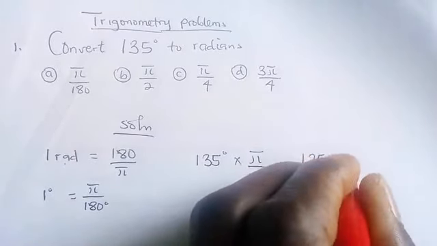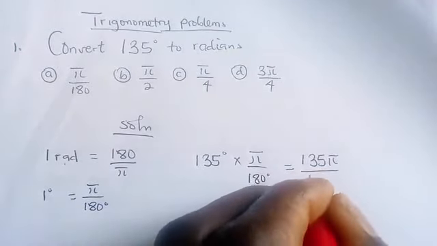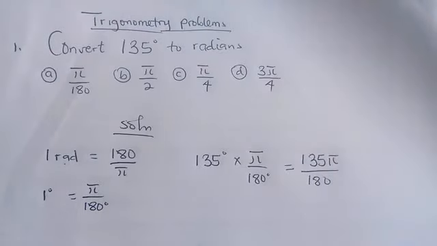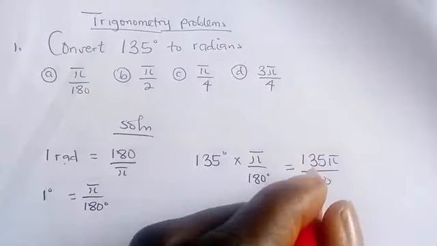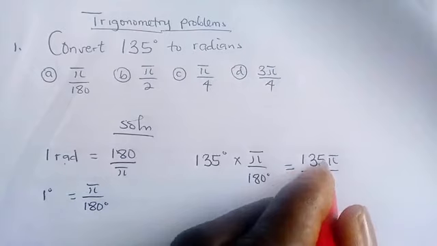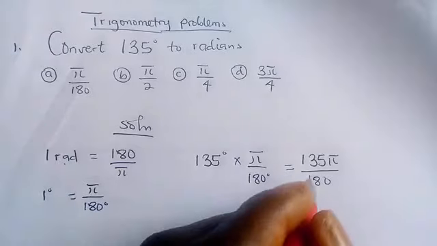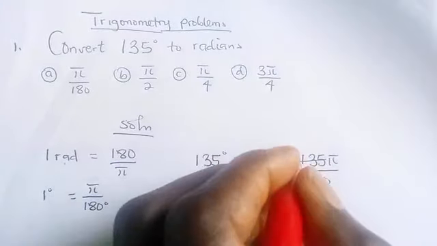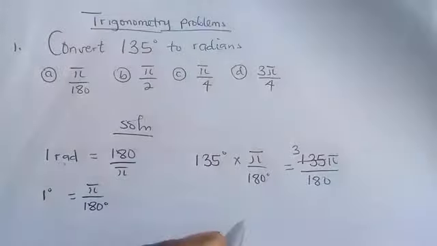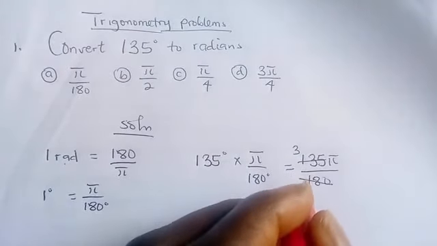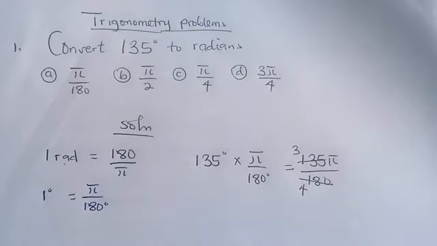And that's equal to 135 pi divided by 180. The common factor between 135 and 180 here is 45. 45 will enter 135 3 times. 45 can enter 180 4 times.